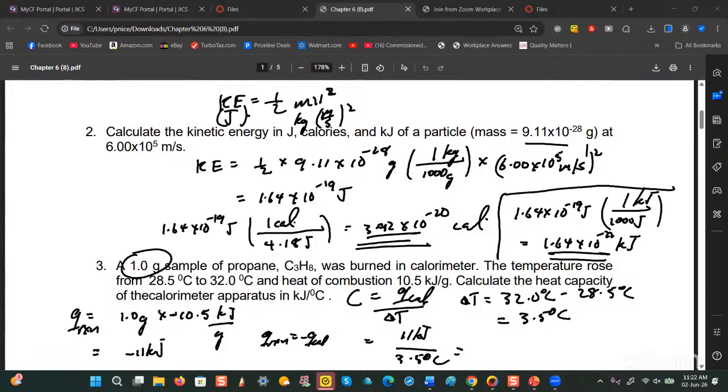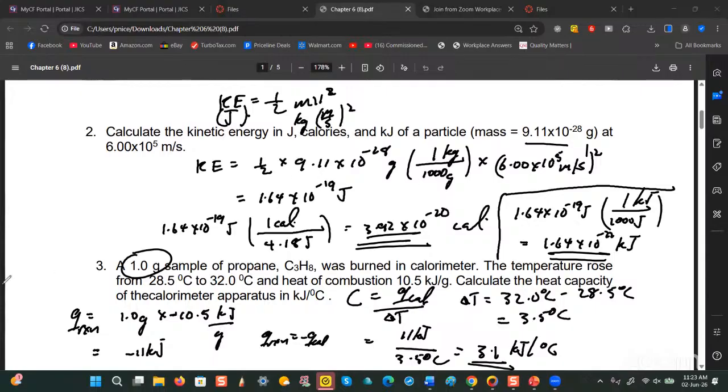According to my calculation, this works out to be 3.1 kilojoules per degrees Celsius. And that would be the answer. All right. Okay. Any questions about this one? Any questions?